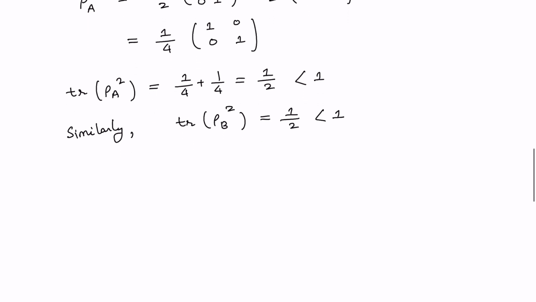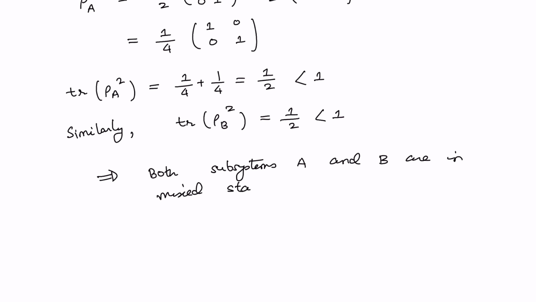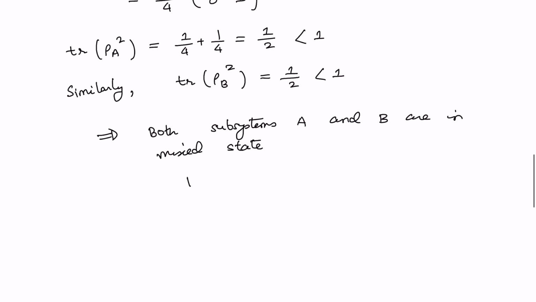So both these results mean that both subsystems A and B are in a mixed state, and that implies that A and B are entangled.